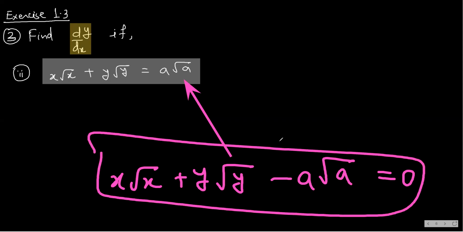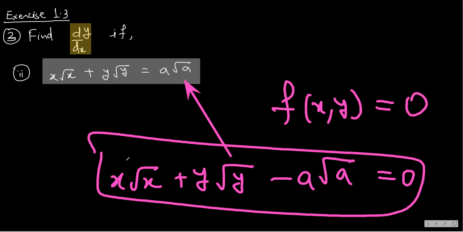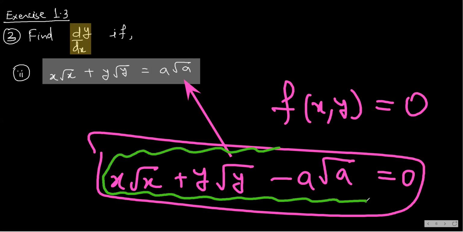I see this equation gives us a rule in x and y, and that rule is f of xy equals 0. We have a rule defined on x and y: x root x plus y root y minus a root a is 0.